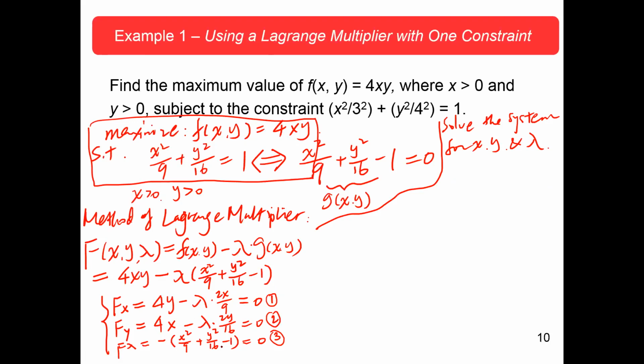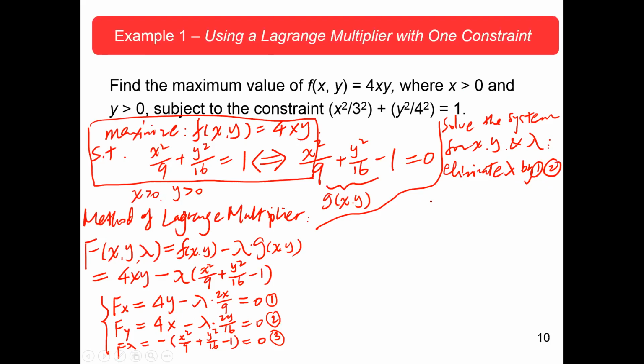Is that clear, guys? So if we can eliminate lambda from equations 1 and 2, then we're down to 2 variables only instead of 3 variables. So my goal is, first of all, to eliminate lambda using equation 1 and equation 2.